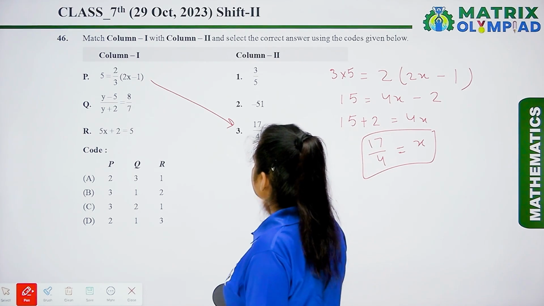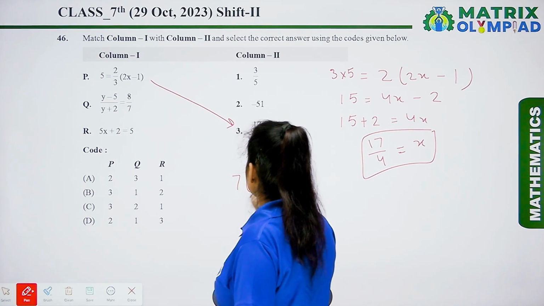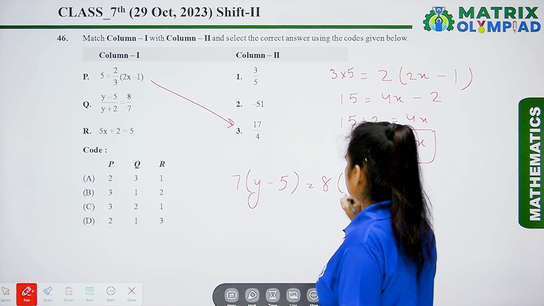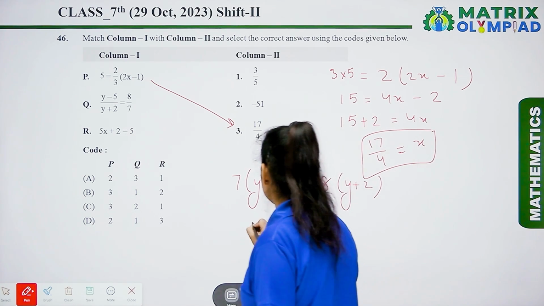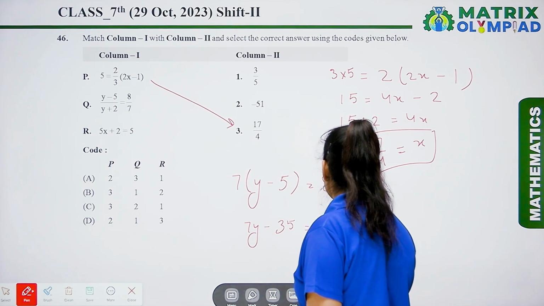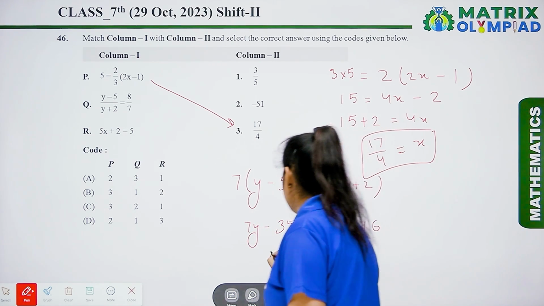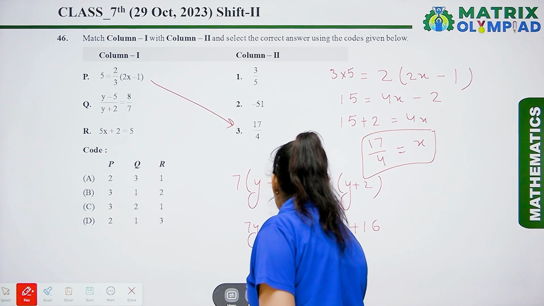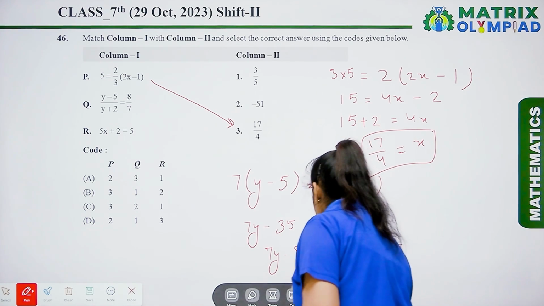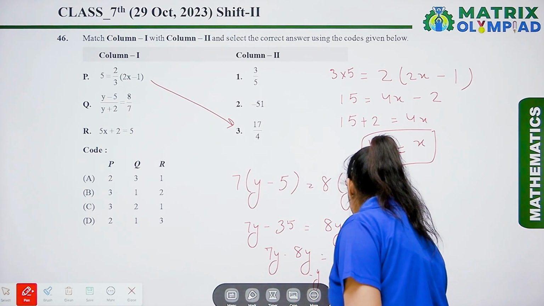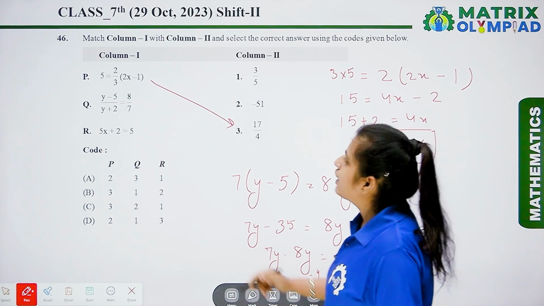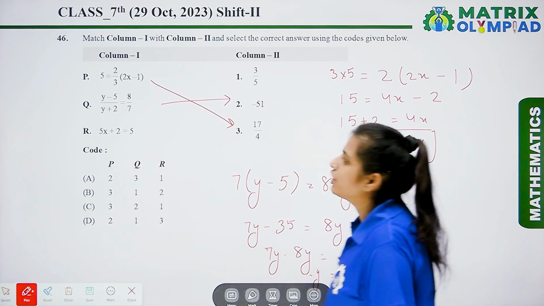Now the next value. So the value of y is minus 51.